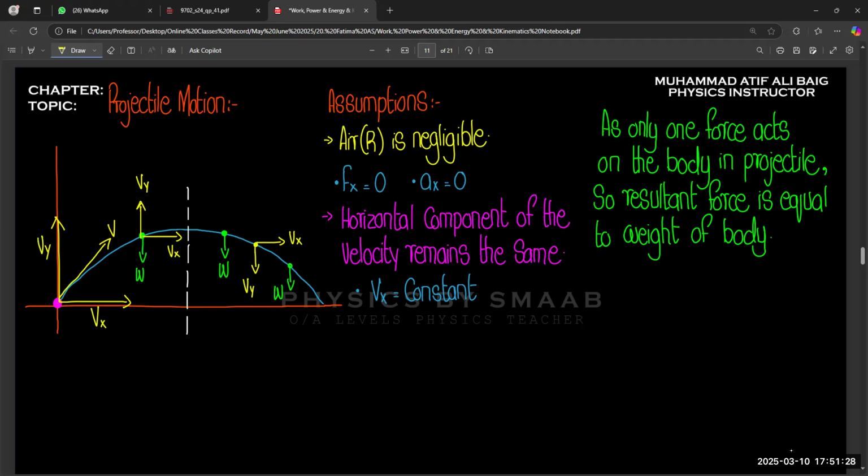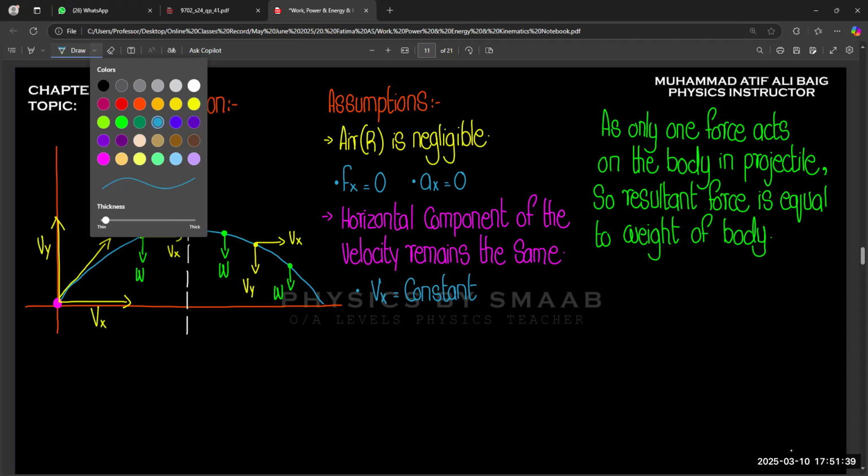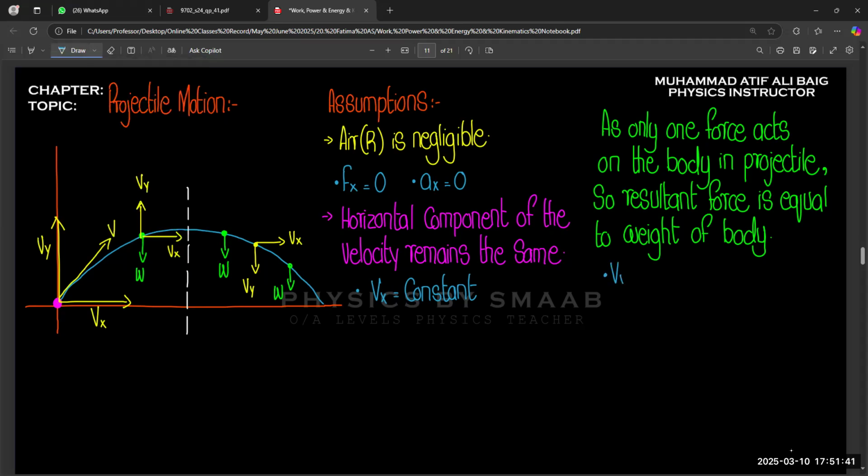The weight is the only resultant force, and the direction of the velocity also changes because when it rises up, the direction is different, and when it falls, the direction is different. So Vy changes.